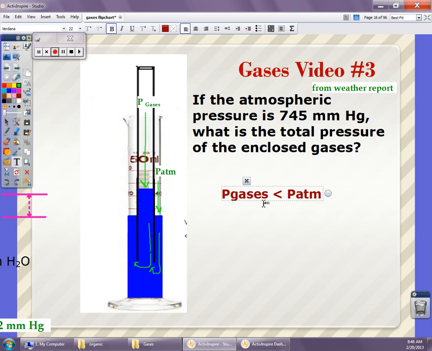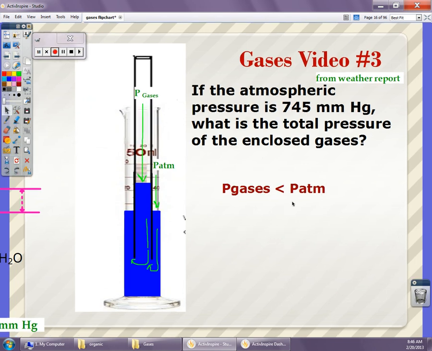The reason is that the atmosphere is doing a better job of pushing down than the gases. The gases only push the water down to this level, but the atmosphere presses it down to a lower level. In order to find the difference between these two, you need a height correction factor.